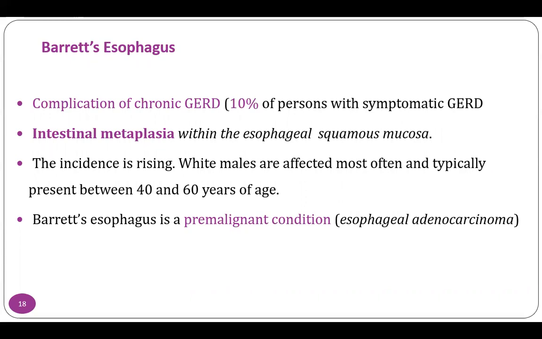into the mucosa will change the mucosa from squamous mucosa into mucus or columnar mucosa that's producing mucin or mucus. So columnar epithelium with the mucus cells, instead of the squamous epithelium. So this is in general what we see in Barrett's esophagus.